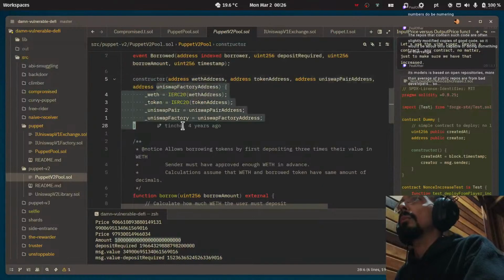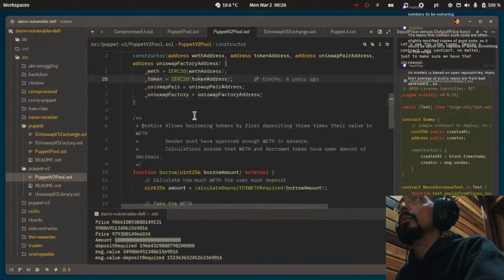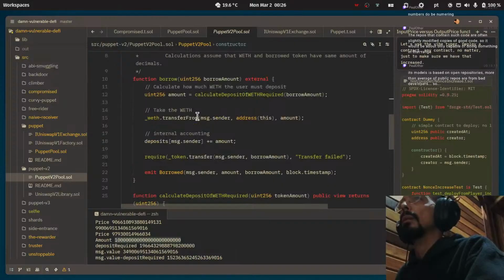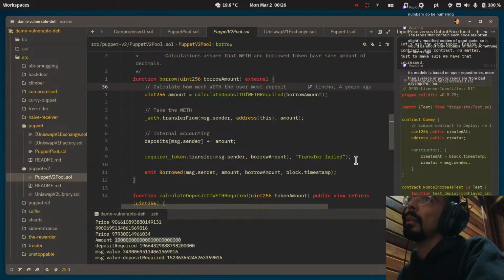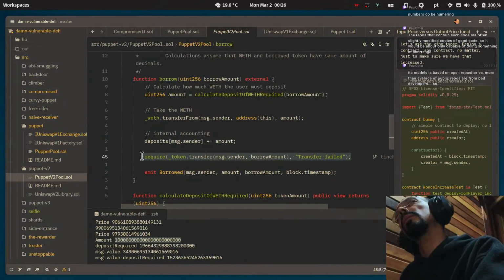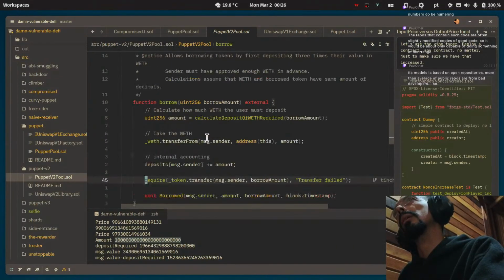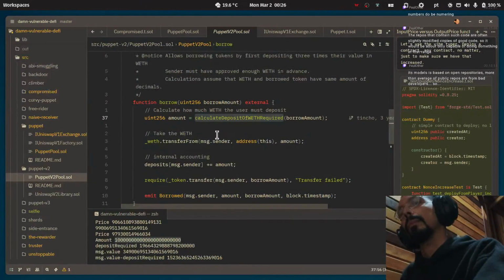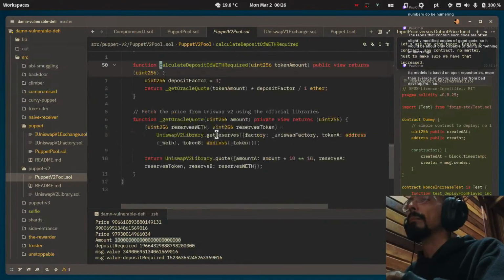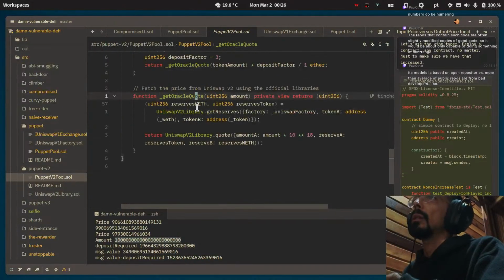Pool, pair, factory, the two tokens. We have borrowed them. Now here, no. What is that borrow that doesn't require I pay you back in the same block? Ah, because of a collateral. Okay, collateral. Then here using the reserve.